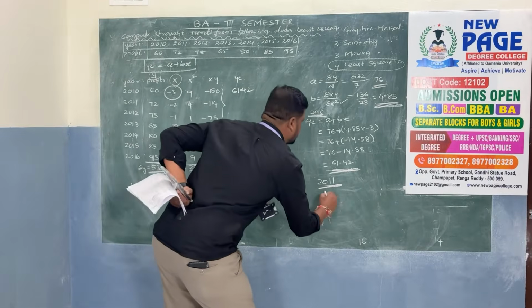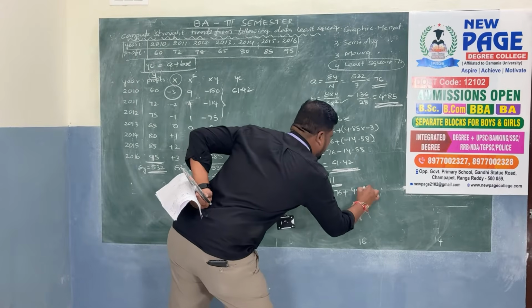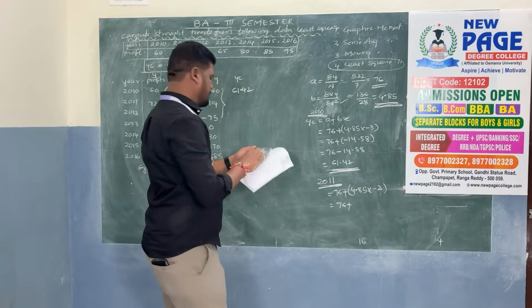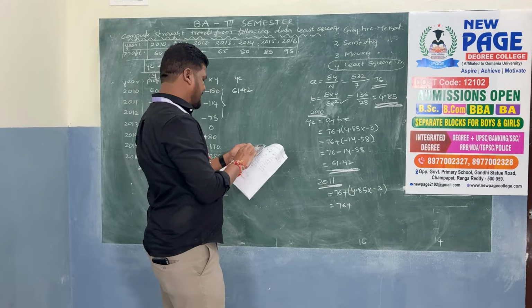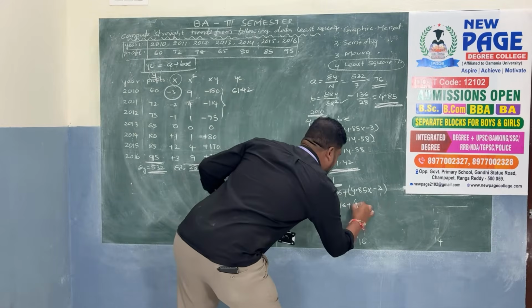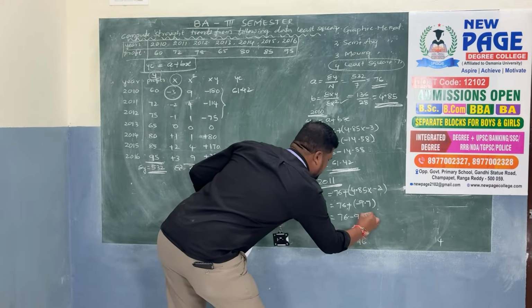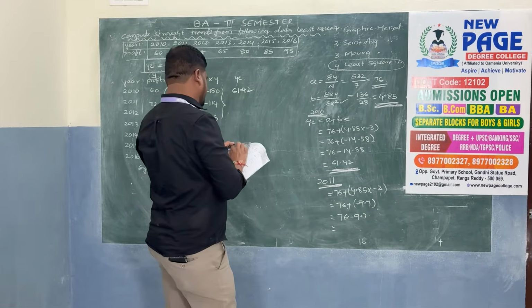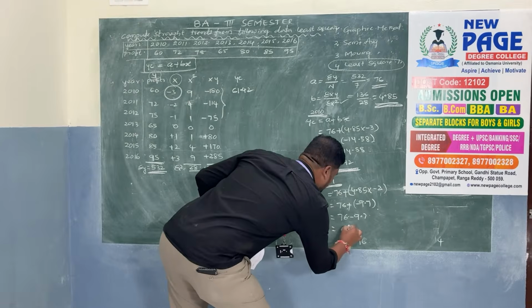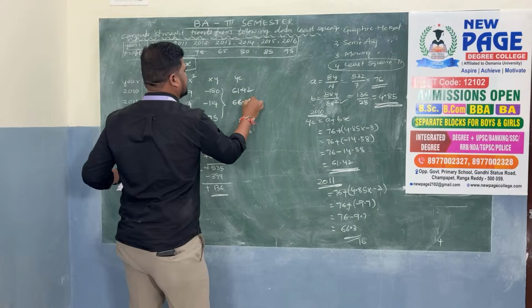Next year, 2011. 2011 Yc = a = 76 plus b = 4.85 into minus 2. 4.85 into 2 is 9.7, so 76 minus 9.7 is 66.3.